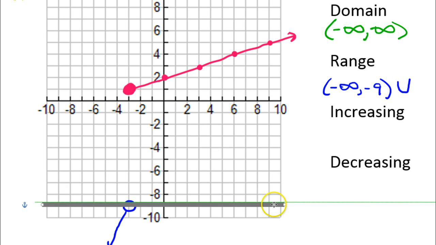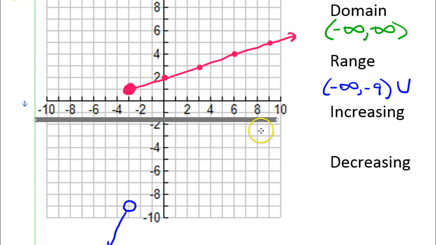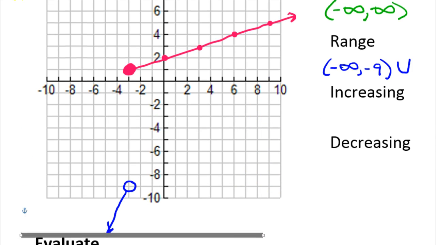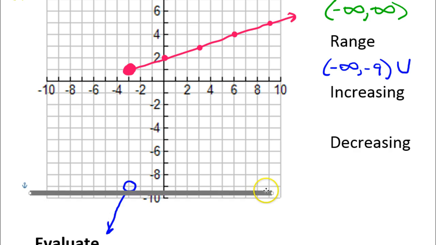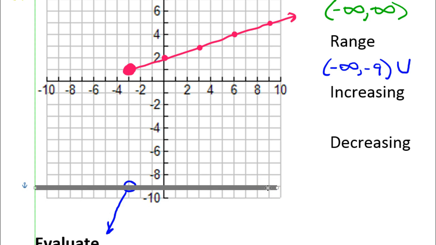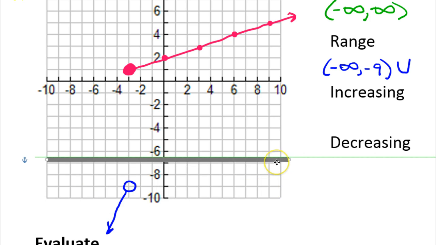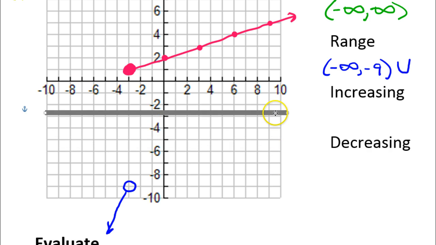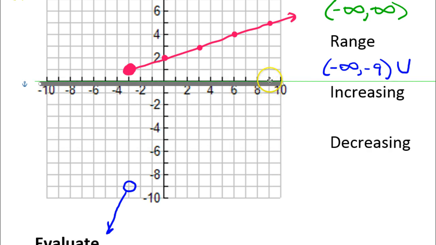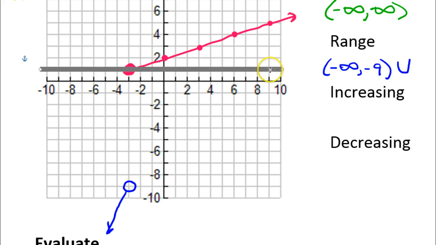Okay, so you use a horizontal line to imagine what the range is doing. So this blue part goes from -infinity to -9. But then we got nothing in this space in here. But then here we are touching the graph once again at 1.